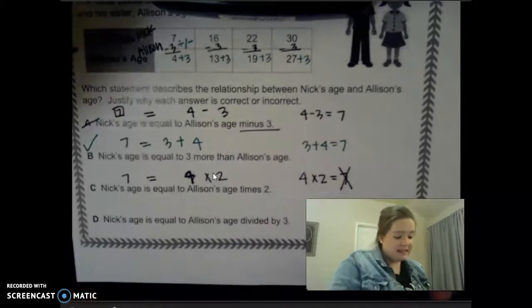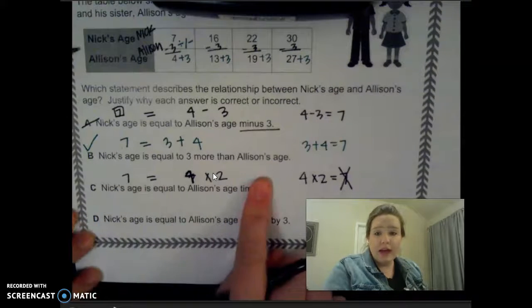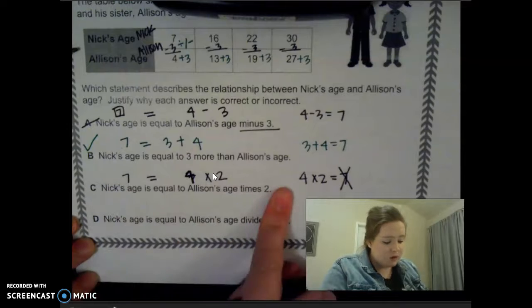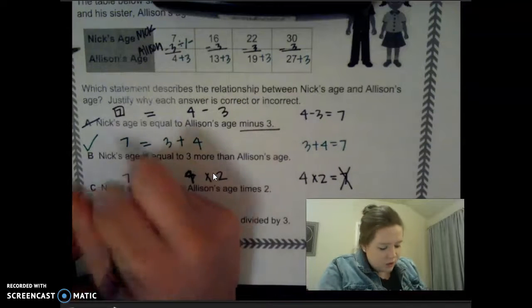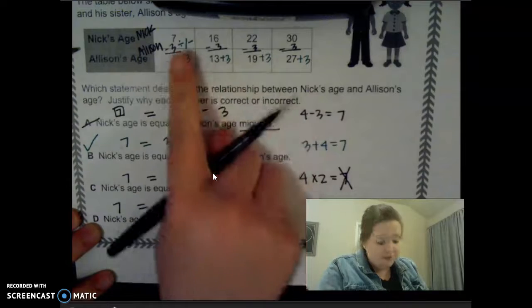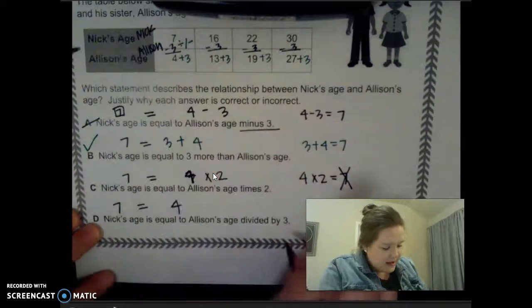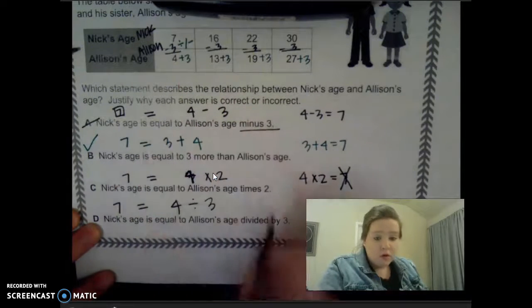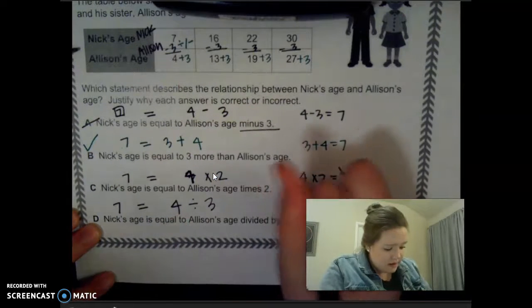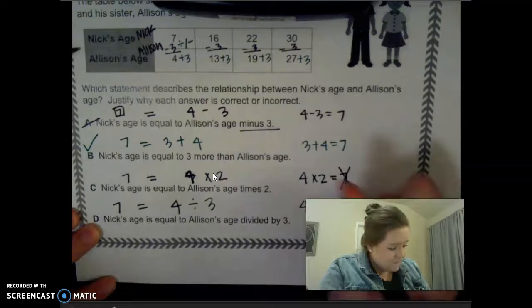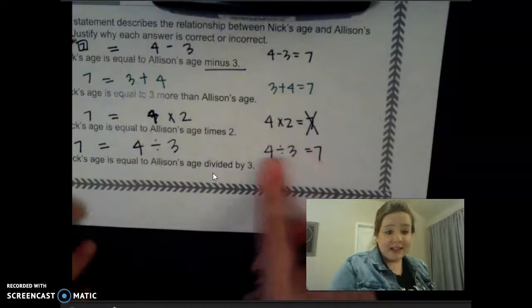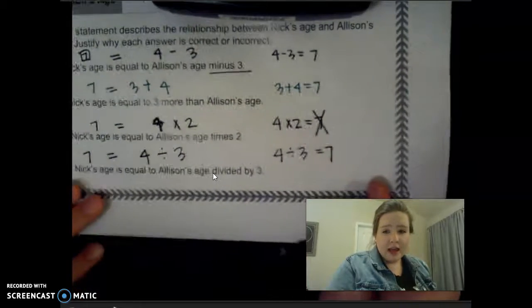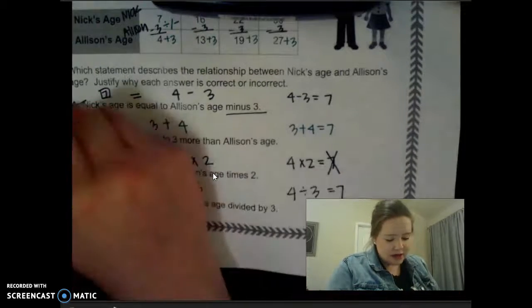So that makes this relationship wrong, okay? This description makes that wrong. Nick's age is equal to Allison's age, which is going to be 4 divided by 3. 4 divided by 3 does not equal 7, okay? So our correct answer here is B.